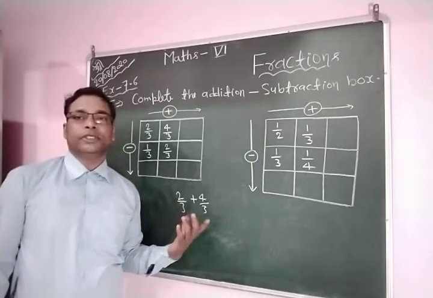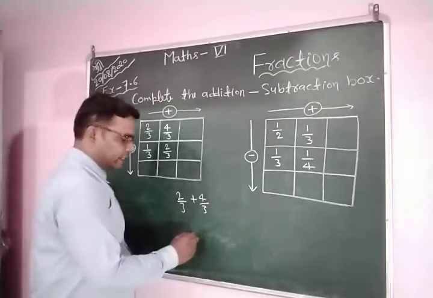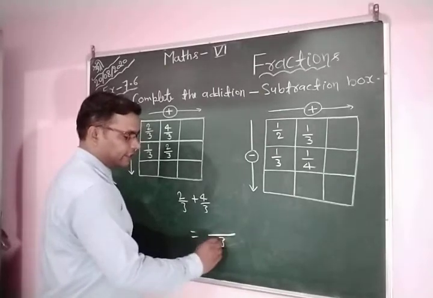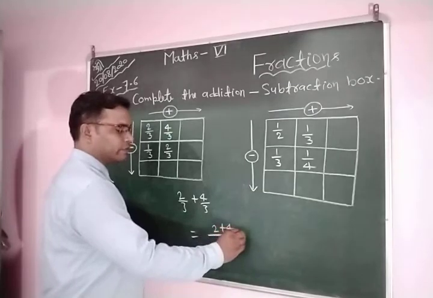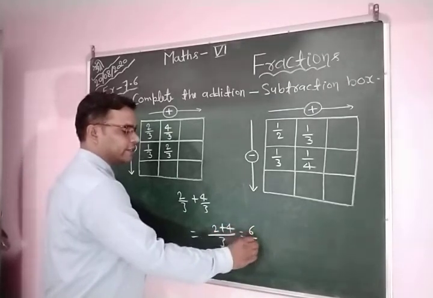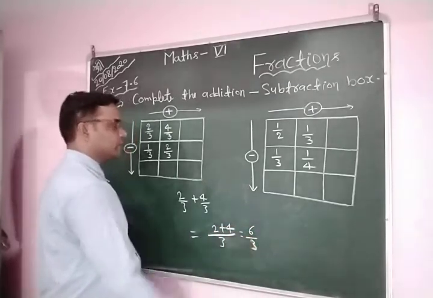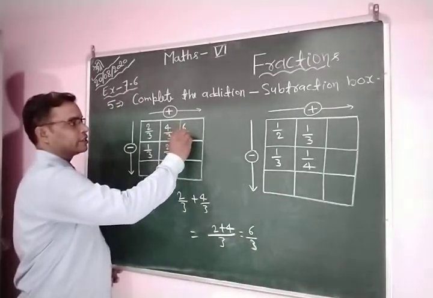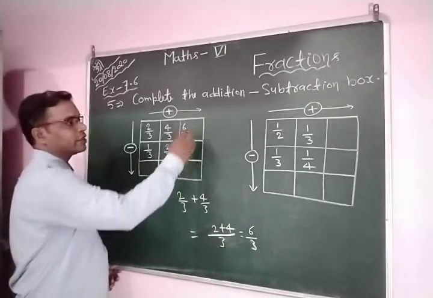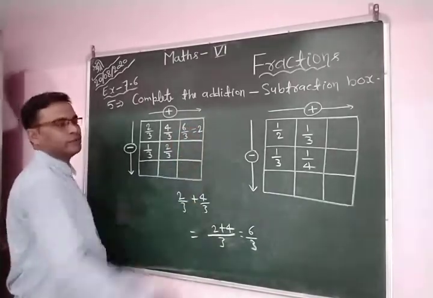This is 3, so these are like fractions. For this we write 3 as the denominator and 2 plus 4, 2 plus 4 is equal to 6 by 3. So you can write here 6 by 3, and 6 by 3 is equal to 2.